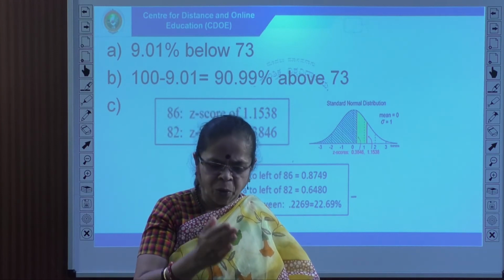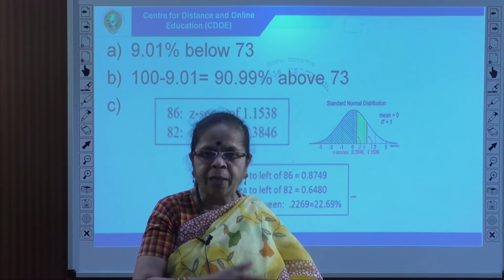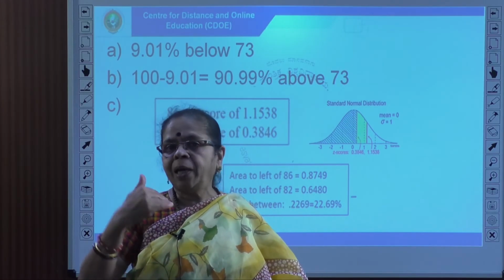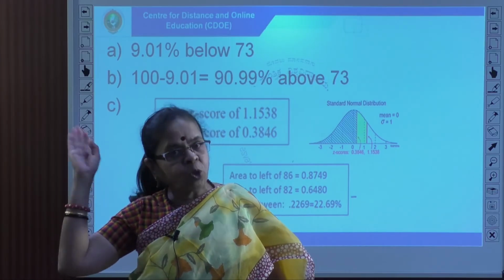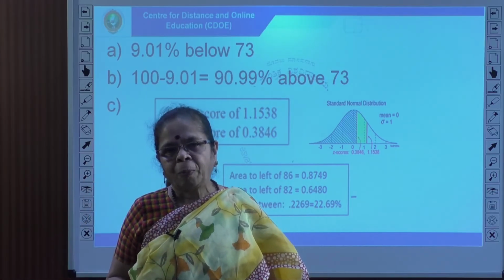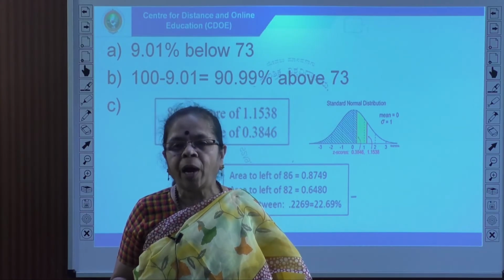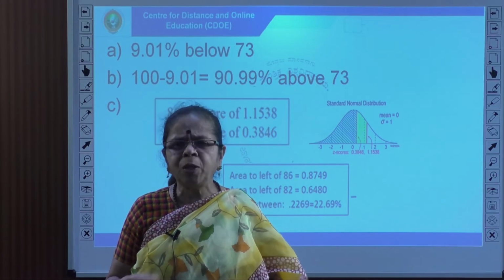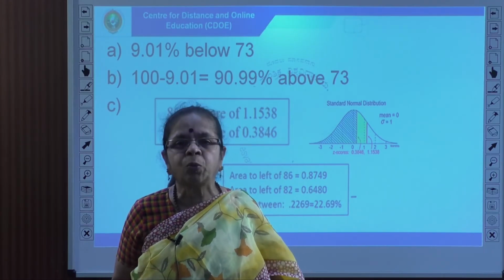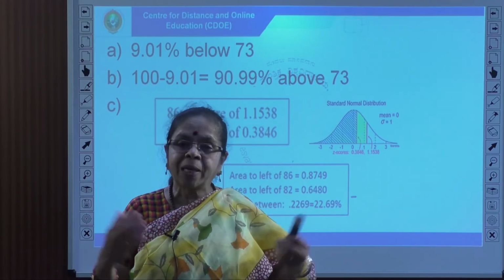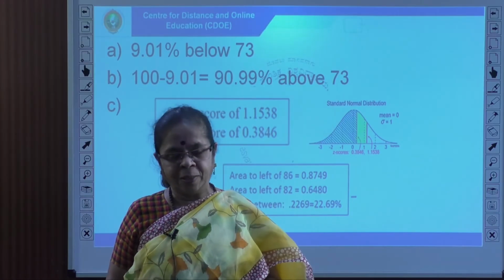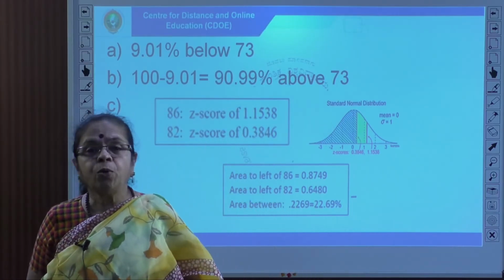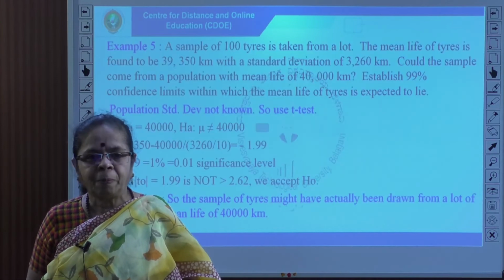You will find that those who got below 40 will be very few, because it is very much away from the mean. Similarly, above 90, 95, that will also be less. So, you can get a very good idea from this. A very simple tool to do a lot of data analysis, especially when your sample size is large. This is another use of the Z table.